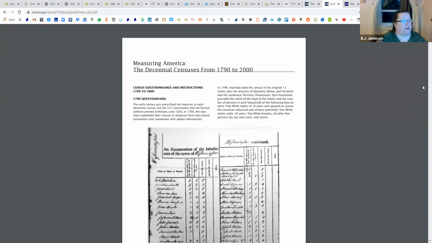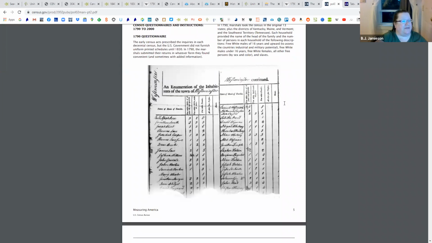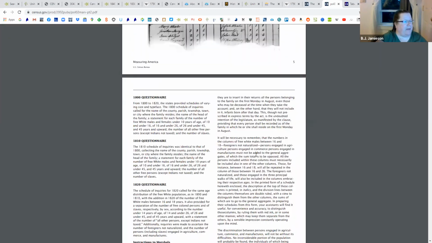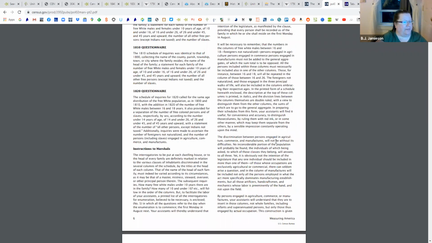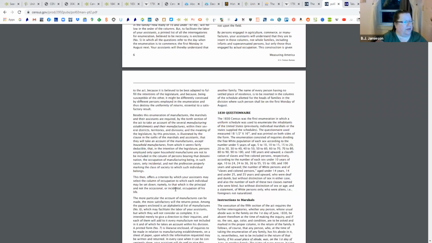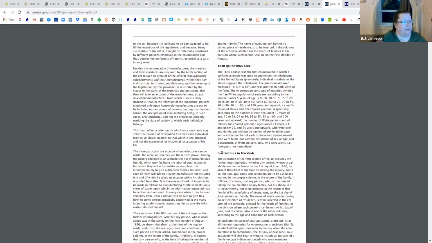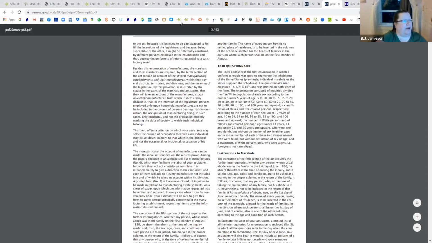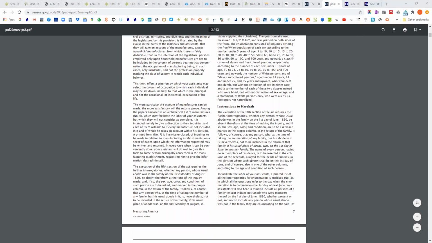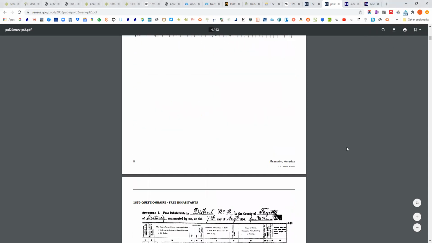It gives you lots of details about what they asked each year, and sometimes they talk about the instructions, as you can see here, the instructions to the marshals about how to take the census.